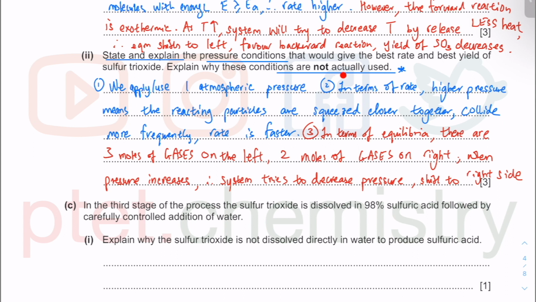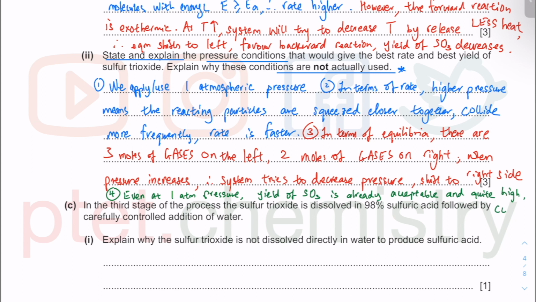But why do we not actually use higher pressure than 1 atmospheric pressure, when we do use 200 atmospheric pressure for the Haber process? That is because even at 1 atmospheric pressure, which is what we use, the yield of SO3 is already acceptable and quite high. So it is actually the cost factor.